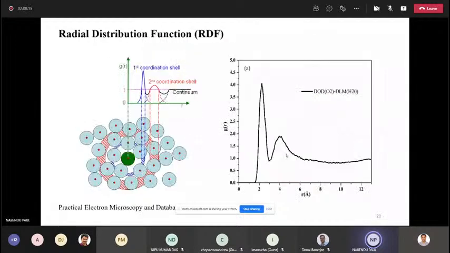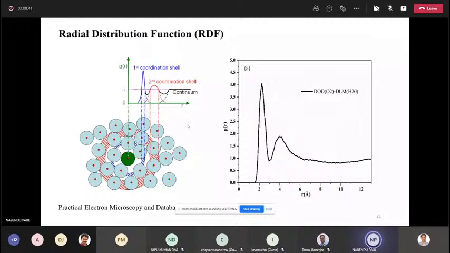So this is the radial distribution function analysis. Before analyzing, I should say something about the radial distribution function and what it is. The radial distribution function is the probability of finding a particular atom or molecule at a distance r from another atom or molecule, that is the central atom.